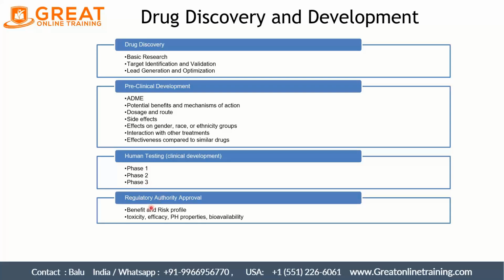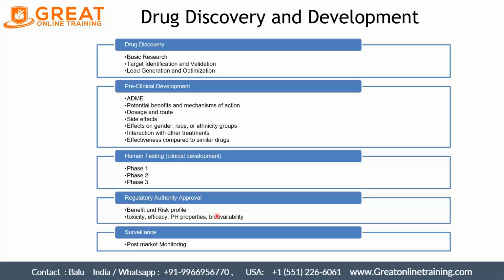The regulatory authorities will review the benefit and risk profile of that particular medication, and they will see the toxicity result, efficacy, the pH properties and bioavailability of that particular chemical entity or medication before they approve the medicine. Once they approve, the pharmaceutical companies will market that product in the respective countries, and they will start the post-marketing surveillance of the product safety information.